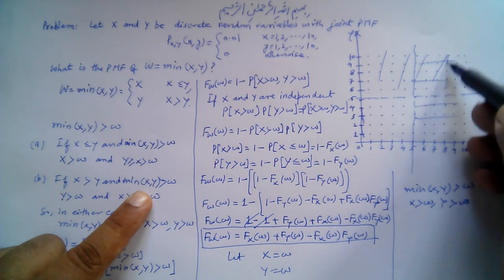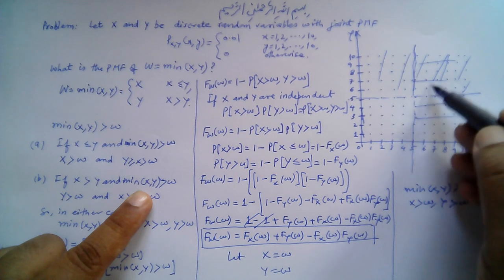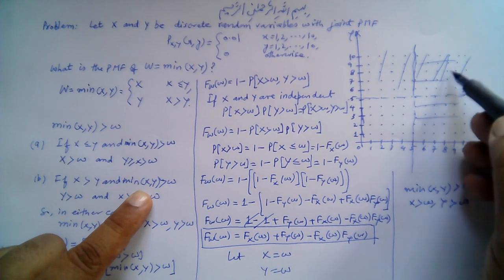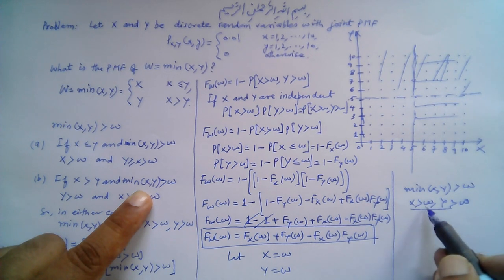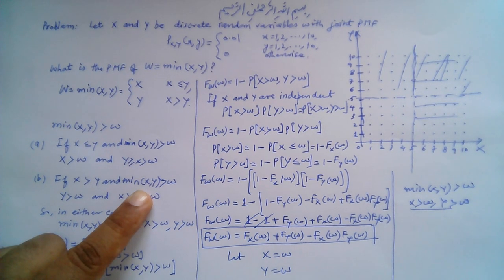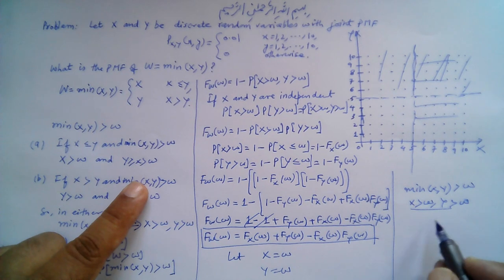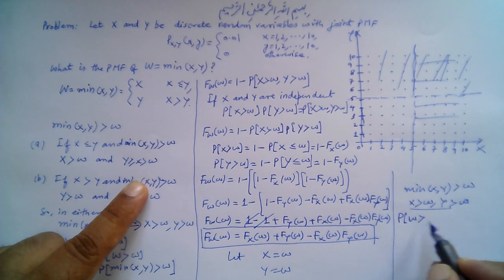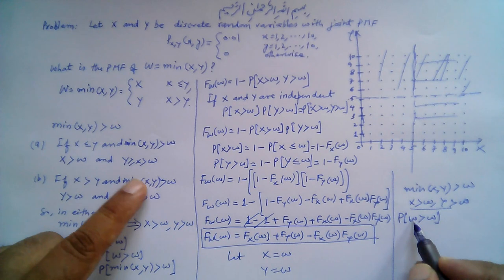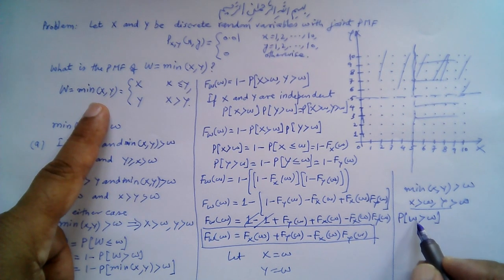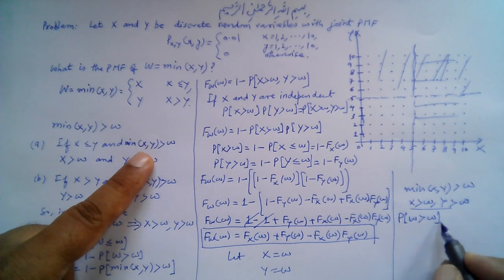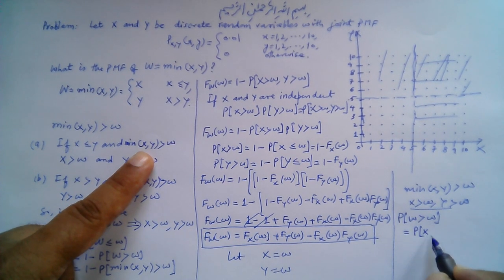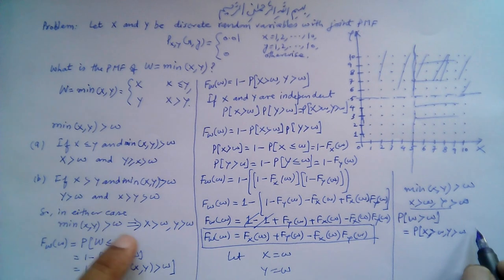So the intersection of these is this region, which signifies X greater than W and Y greater than W. So if we are interested in finding the probability that W, which is min of X comma Y, is greater than small w, this is equal to the probability that X is greater than small w and Y is greater than small w. This we found out here.